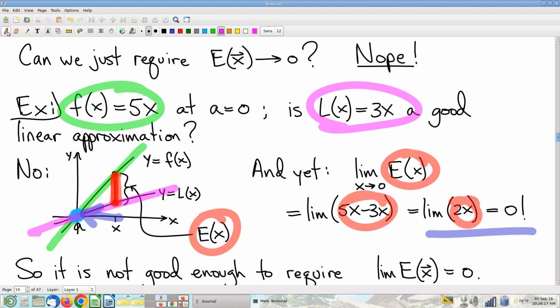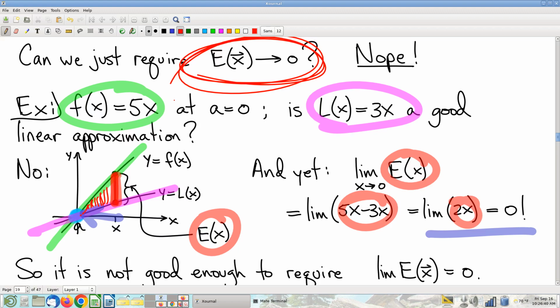These vertical lines here get smaller and smaller and smaller. So what we've got here is another pretty good demonstration that this is a pretty bad choice too. Right? So we better not base our answer on partial derivatives, and we better not base it on just the error going to 0. It's just not good enough.